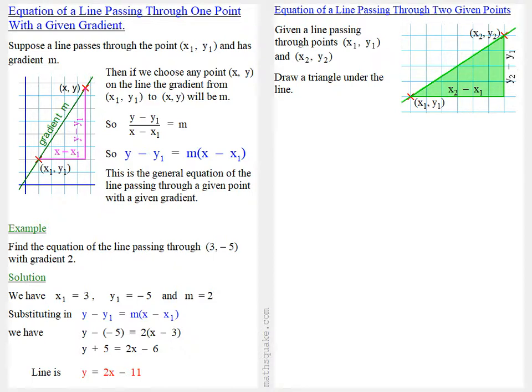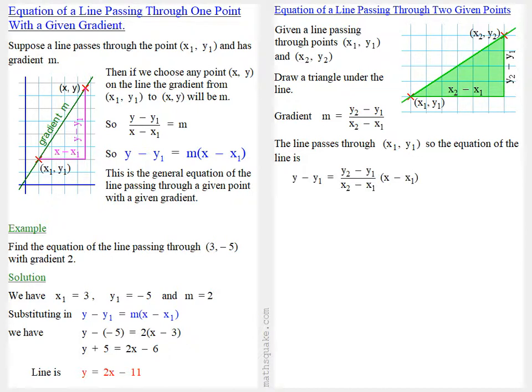So the gradient, m, is y2 minus y1 over x2 minus x1. Now the line passes through x1, y1. So, using the formula y minus y1 equals m into x minus x1, we can write down y minus y1 equals the gradient y2 minus y1 over x2 minus x1 times x minus x1.